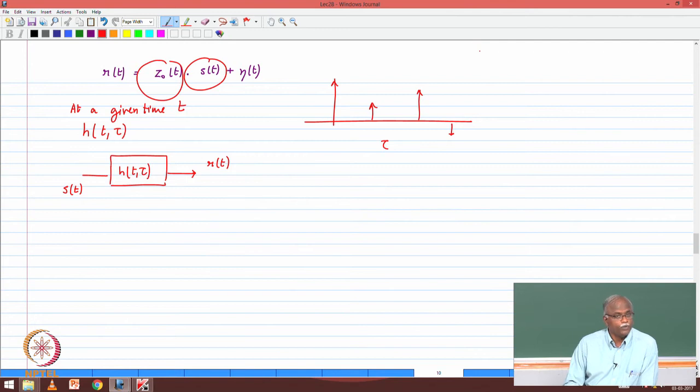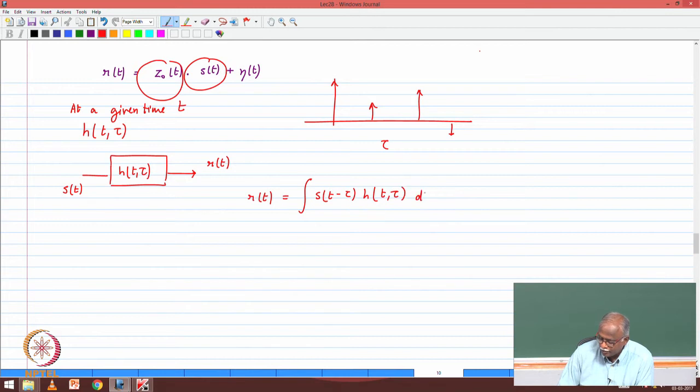Now, this input output relationship, because it is not time varying, can be interpreted as an LTI system and therefore as a convolution. So, the output r of t can be interpreted as the integral of S of t minus tau, h of t comma tau, d tau.